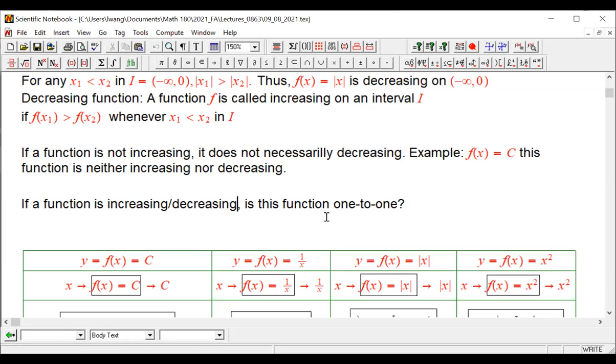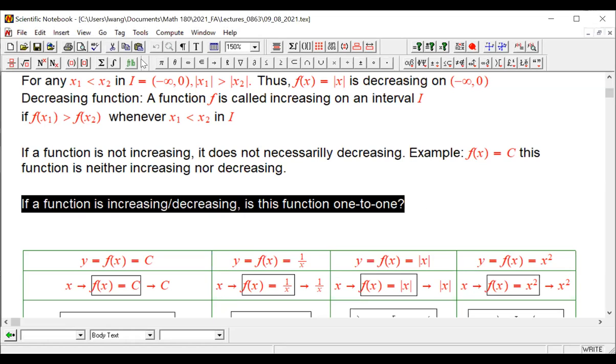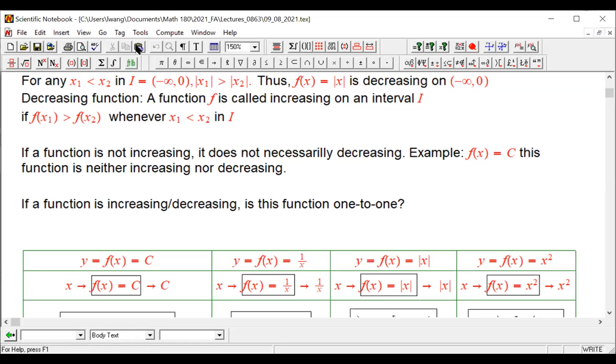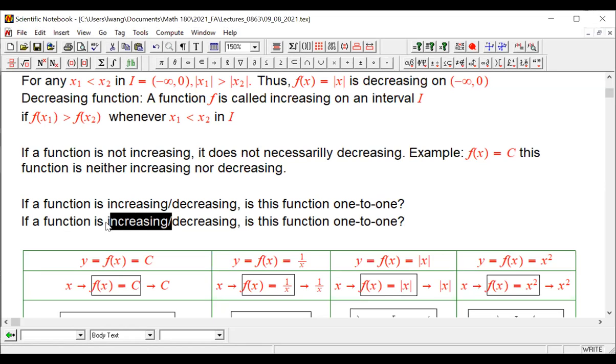If a function is increasing or decreasing, or I'm going to make it 2 separate sentences, is this function one-to-one?